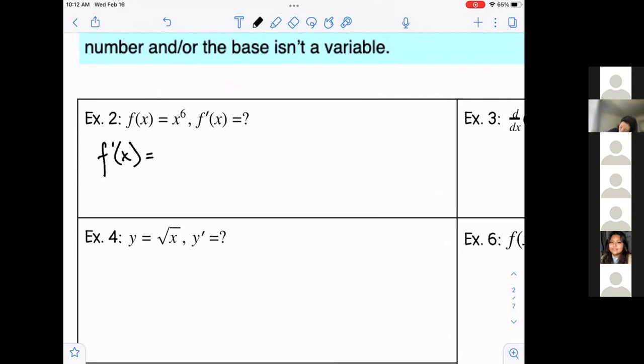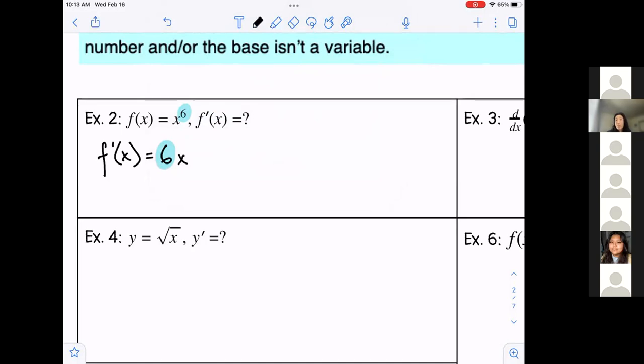Yep, I agree. We bring the 6. Where did we get the 6 from? We got the 6 from that power, right? So we bring the power down. Great. All right, x. And what is the power for my variable?